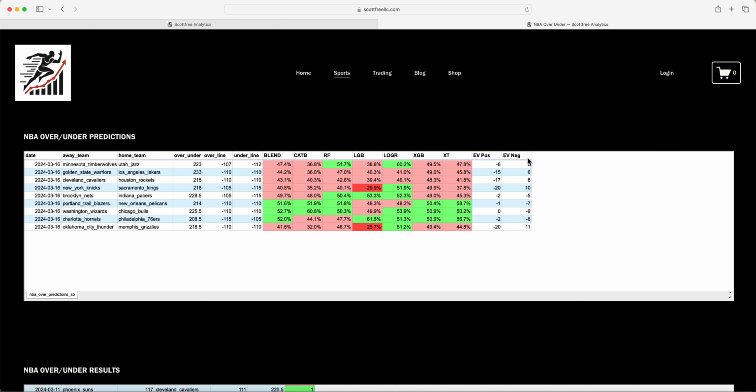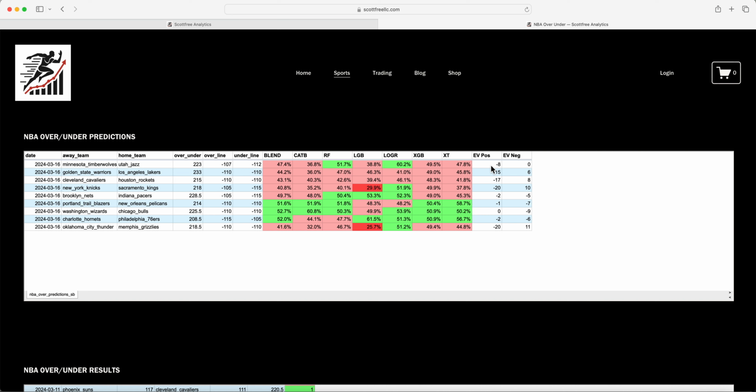So it kind of makes sense. This expected value is if you put $100 on the over, what would you get over time on average? So in this case, it's actually a negative return. You'd lose $8 for every bet. But remember, that doesn't mean that this is a failed bet.